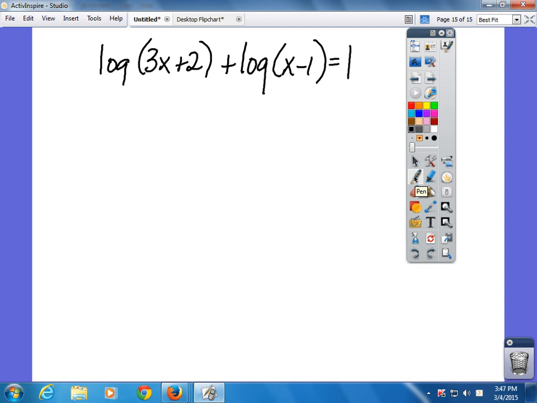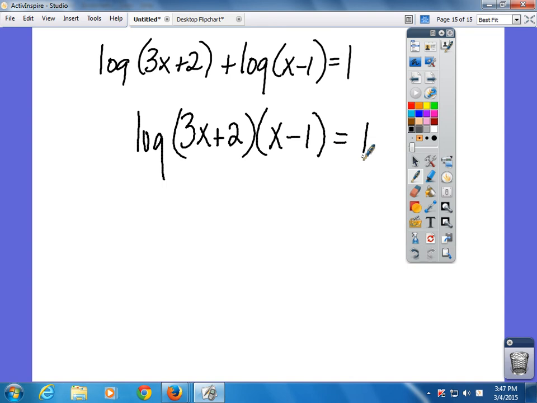Use your property here and then see if you know what to do next. What's the base of the log? It doesn't have anything. Base 10, good job. 3x plus 2 times x minus 1 is equal to 1.